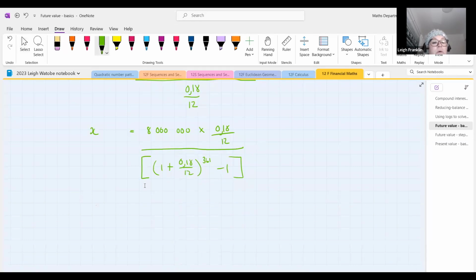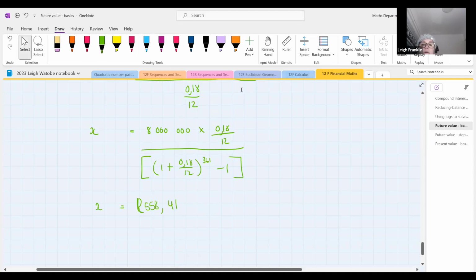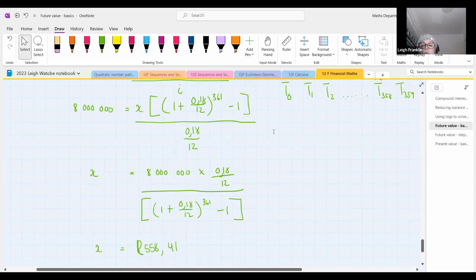And after calculating this, yes, we should be getting R 558,41. Sorry, that's supposed to be an R sign, not written very nicely by me.